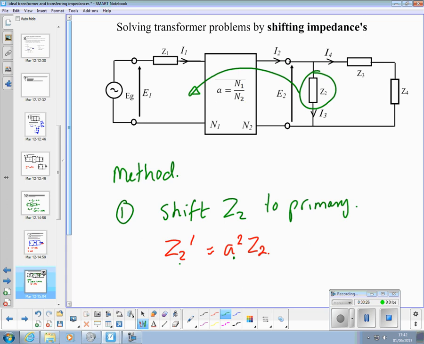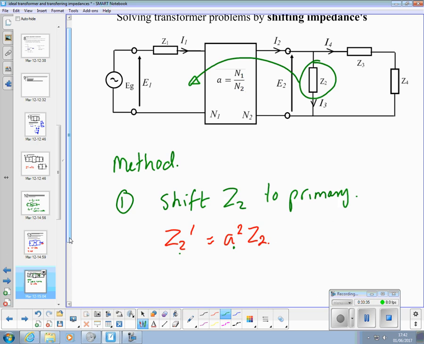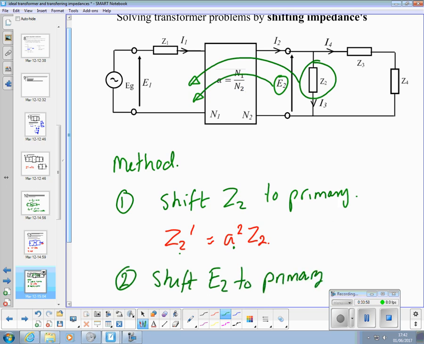Second thing we do is shift the secondary voltage, E2, this one, to the primary side. So that's part 2: shift E2 to primary.